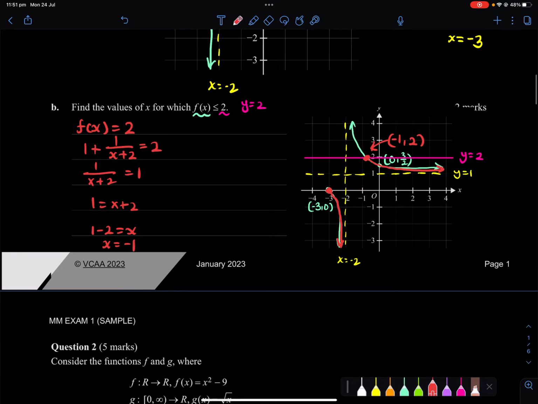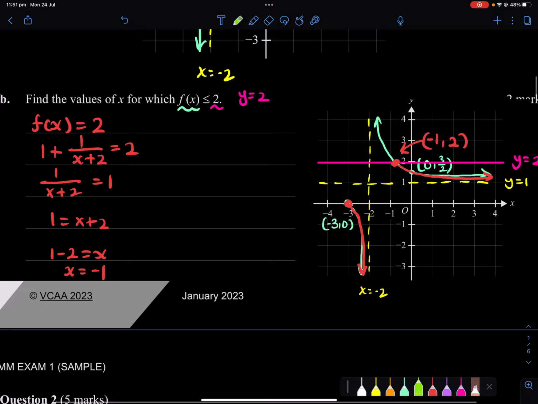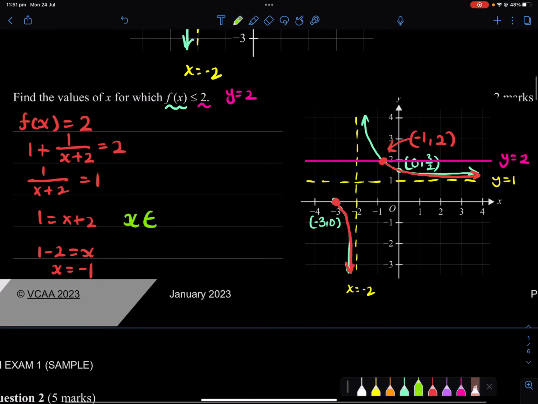Okay, so let's write what values it's less, if f of x is less than 2. So we would write x is an element from -3 inclusive to -2, not inclusive due to the asymptote.